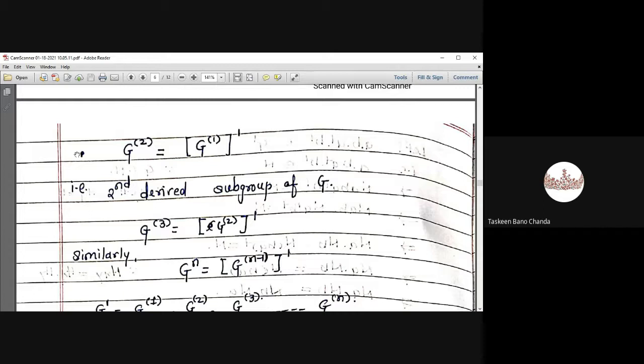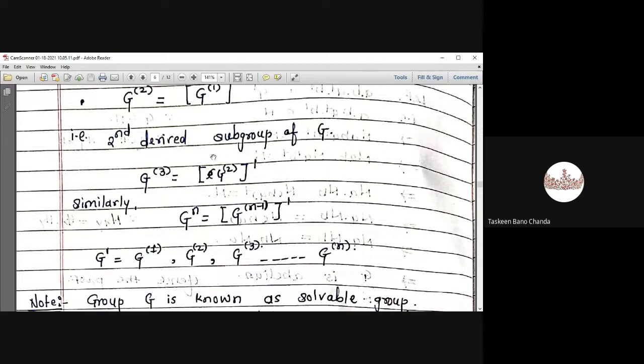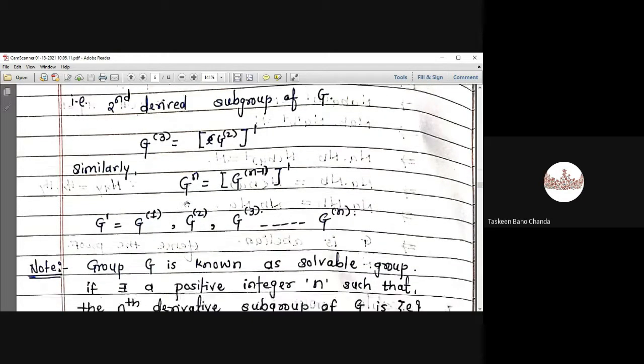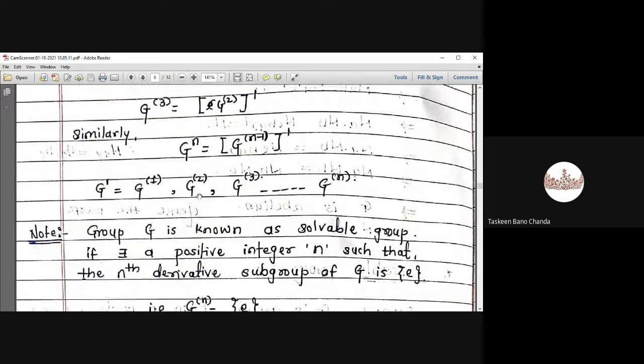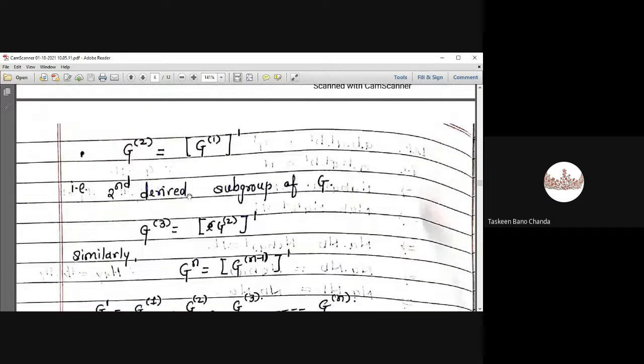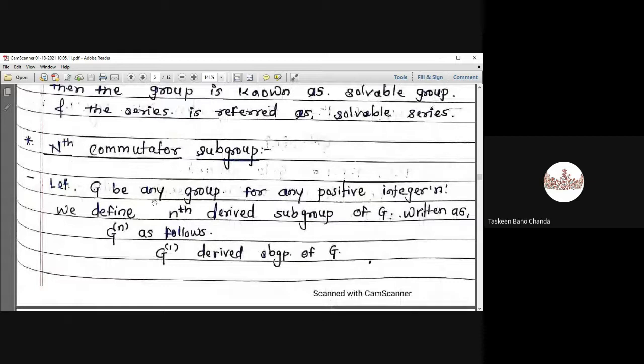Very good. Similarly, every element of G3 is in the form of A, B, A inverse, B inverse, where A, B belong to G2. Very good. तसं similarly काय असणार G raised to n पर्यंत. Okay. So these are the nth derived subgroup. These are the nth commutator subgroup of G.